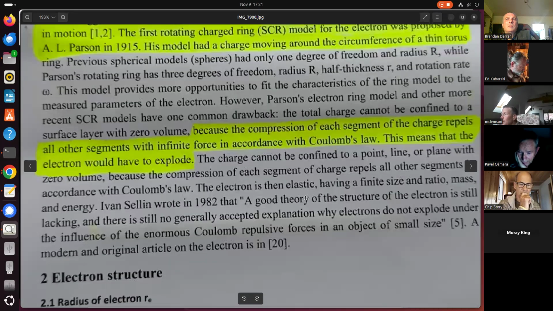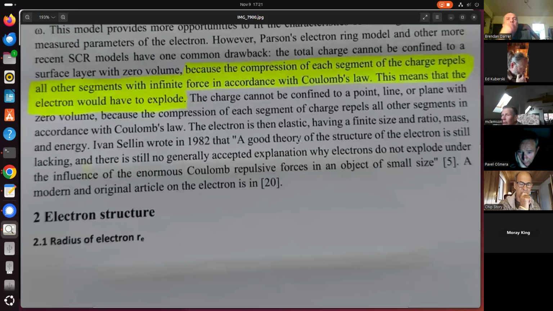The charge cannot be confined to a point, line, or plane with zero volume. The electron is then elastic, having a finite size, mass, and energy.